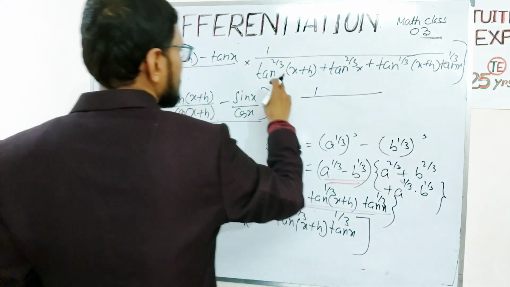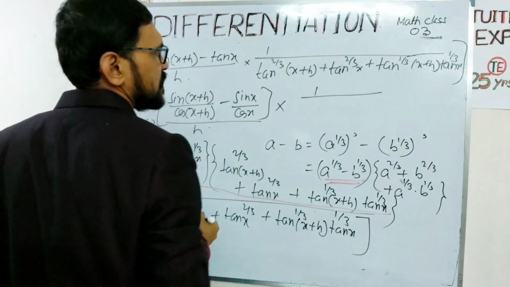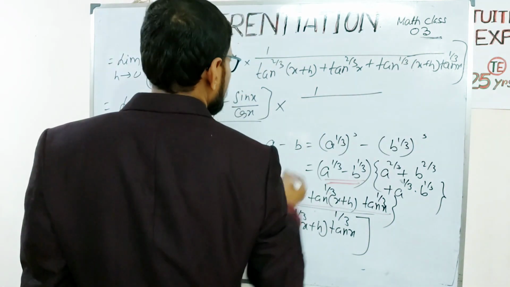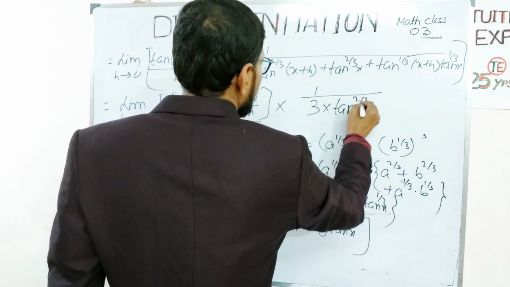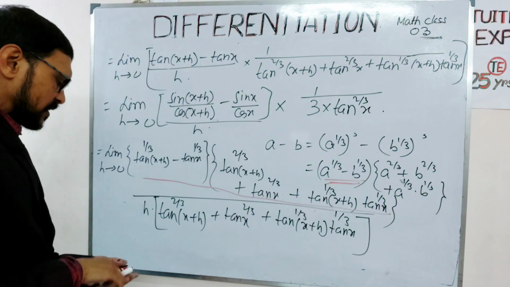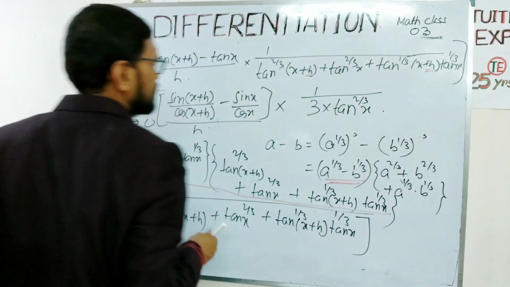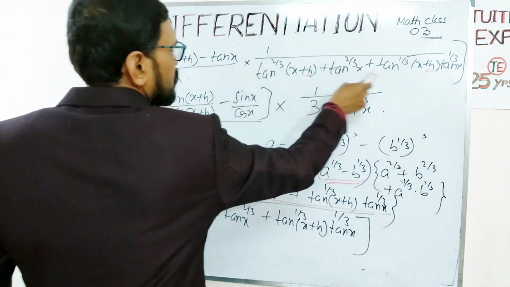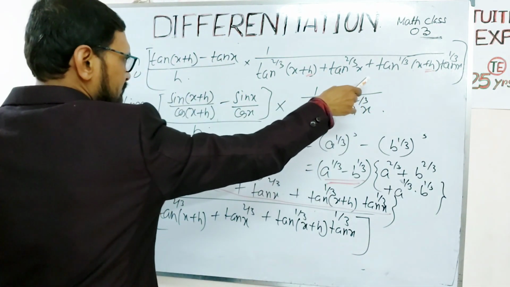So this becomes this. So this becomes 1/3, 1/3, 2/3. So this becomes 3 into tan to the power 2 by 3 x. So if we put here h equal to 0, then 1, 2, this into this also tan to the power 2 by 3 x.